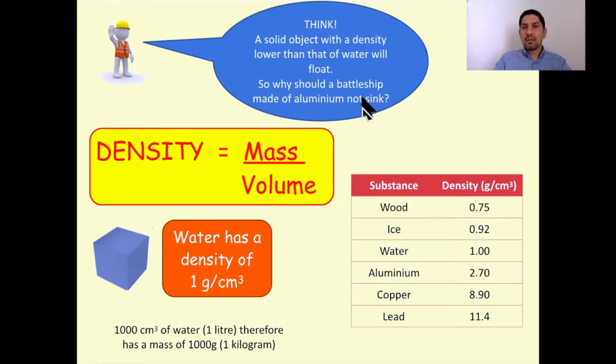The battleship is huge, and the total density of the battleship is lower than water, because inside the battleship is air. Air has very low density compared to water. So the total density of the ship is lower than water, so it floats on water. Of course, it's also related to the buoyancy force. You can research about the buoyancy force. It also has an effect on the floating ship.